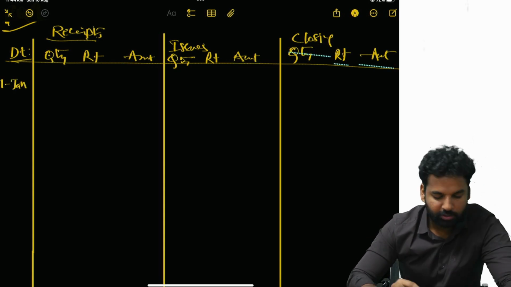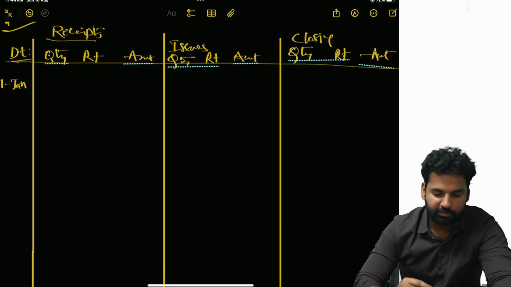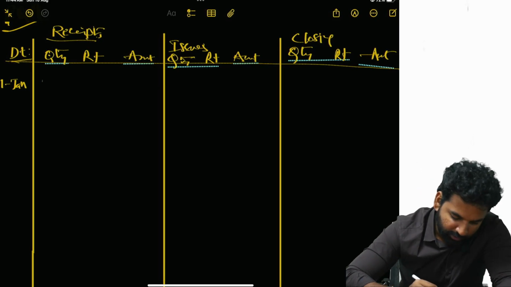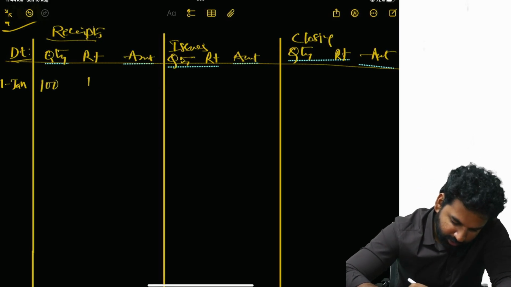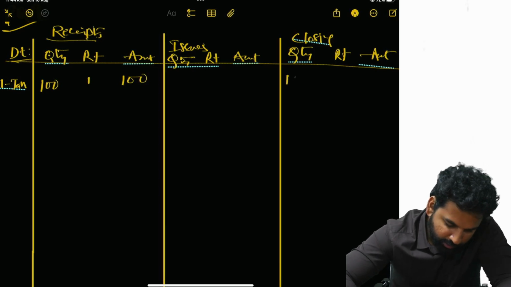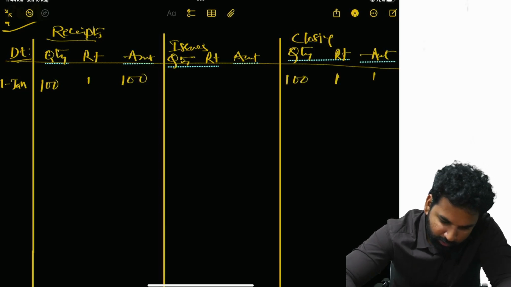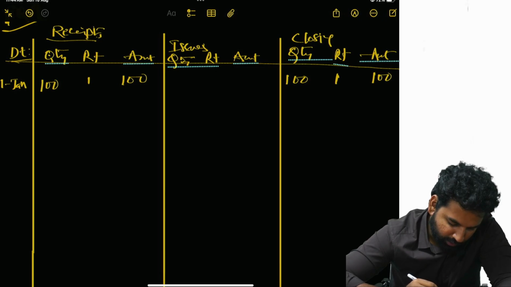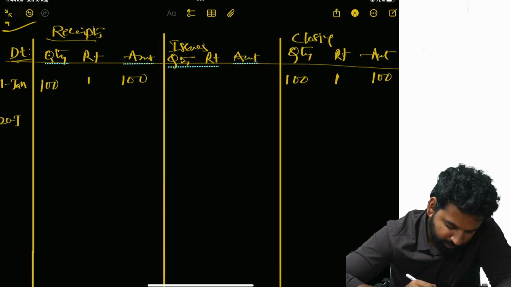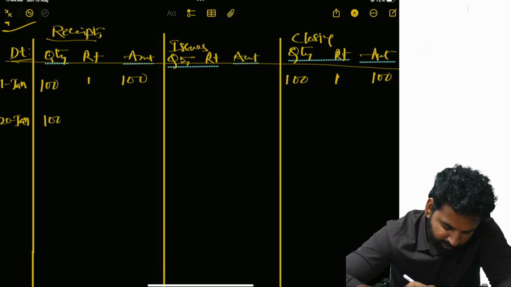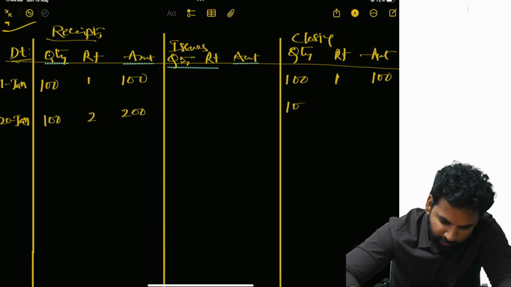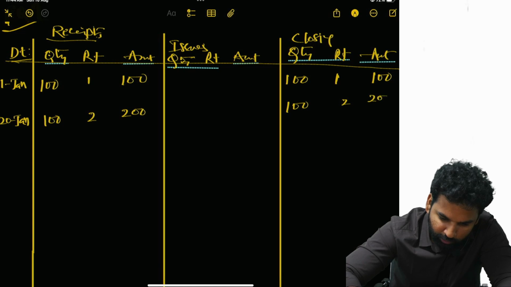So on first January, the receipt purchase is 100 units at rupee 1 each, amount 100. So closing will be 100, 100. On 20th January, 100 units again at rate 2, amount 200. So closing is 100 at 1 and 100 at 2.